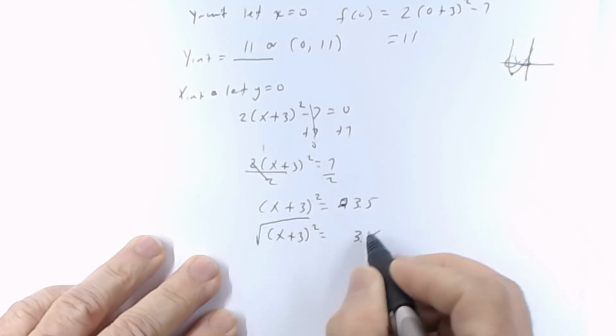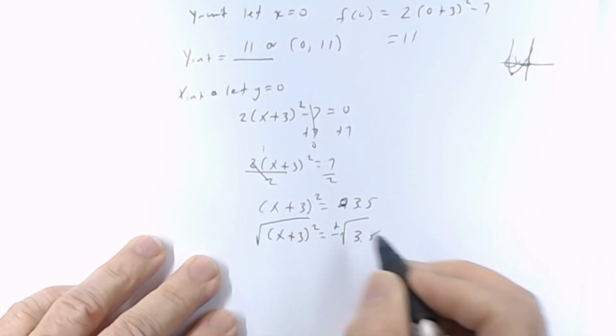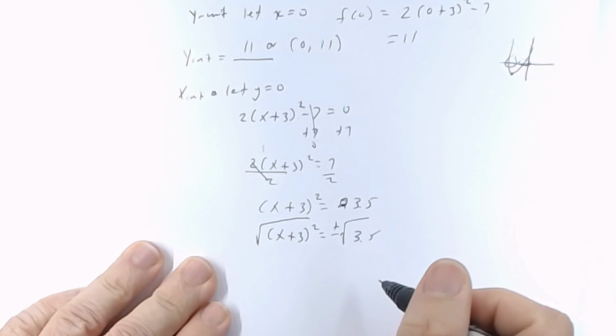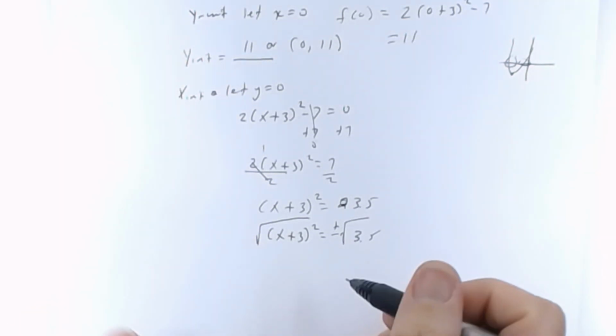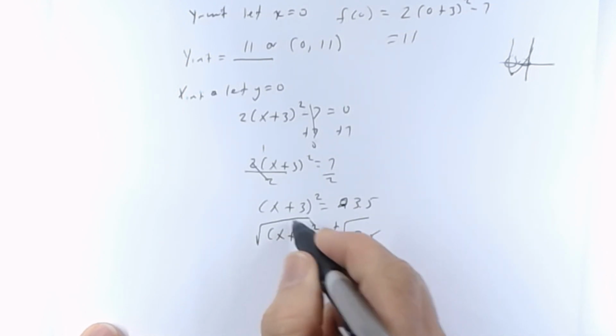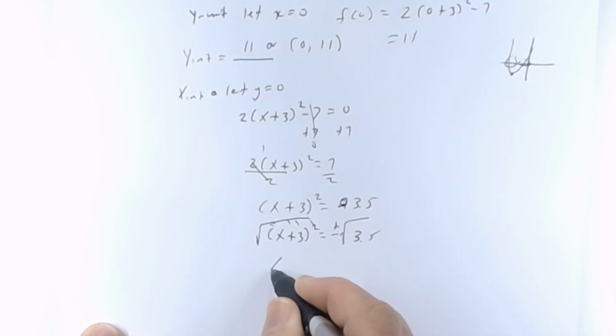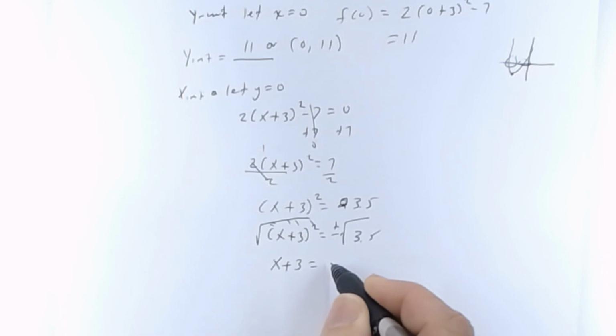Well, remember when you do that, you get that plus or minus. So when you take the even root of both sides of an equation, don't forget that on one side you have to have that plus or minus. So the squared and the square root undo each other. So what do you have left? x plus 3 equals plus or minus the square root of 3.5.